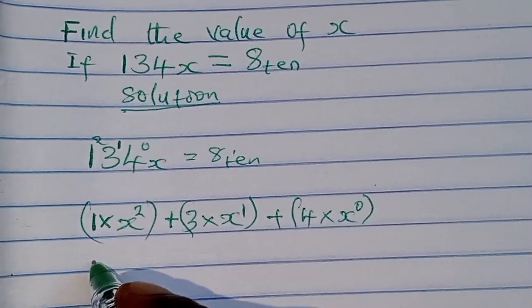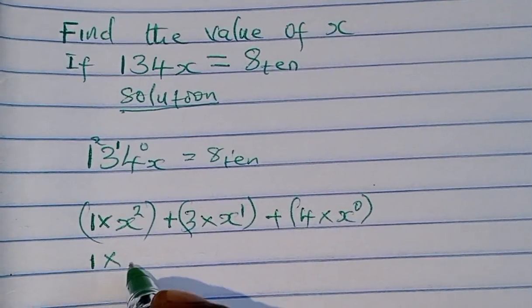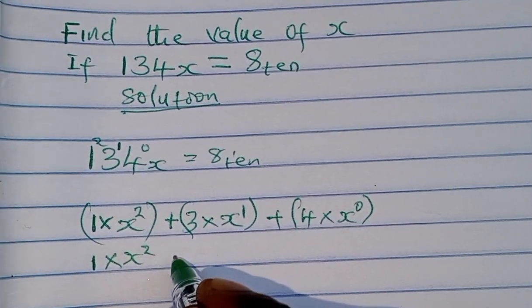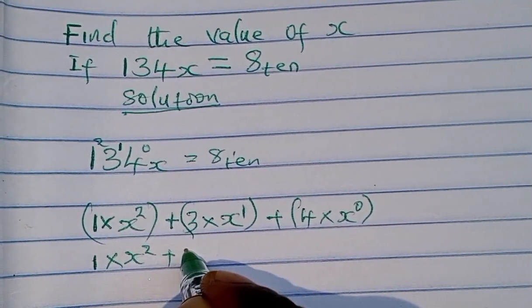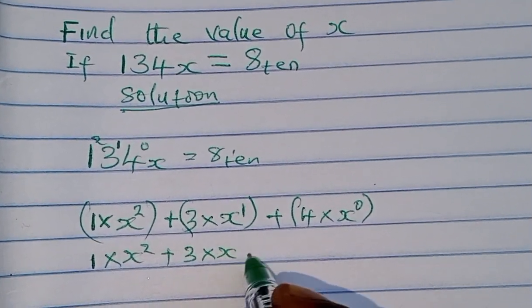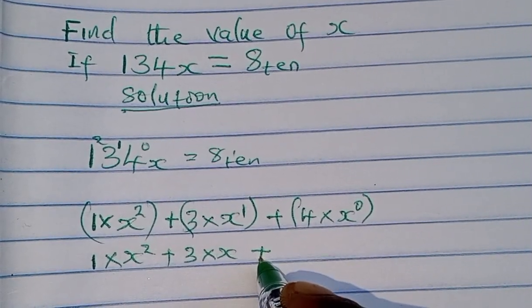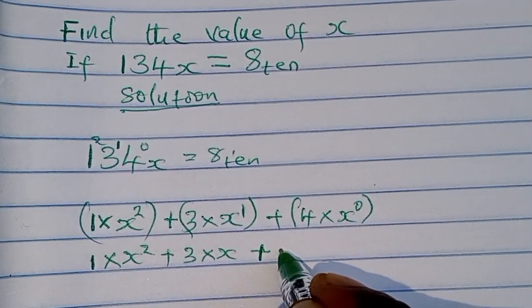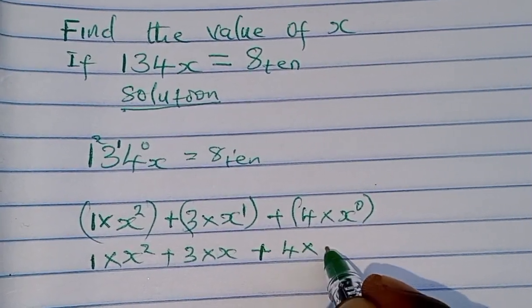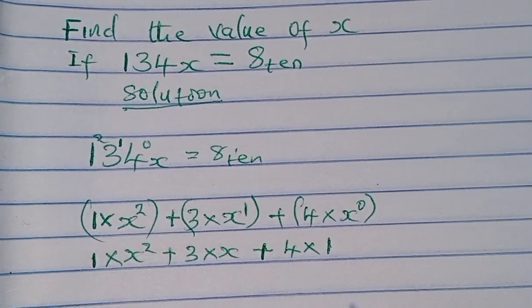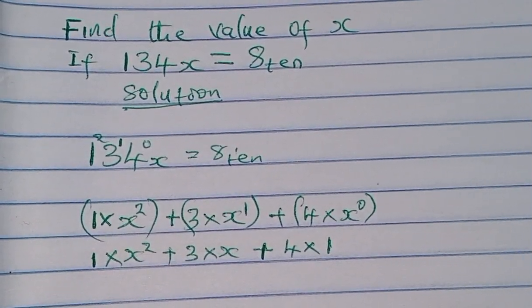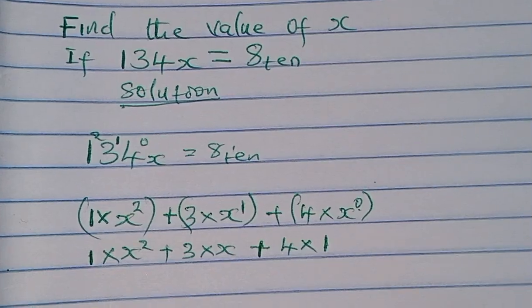So this is going to be 1 times x squared plus 3 times x plus 4 times 1, because anything raised to the power of 0 is equals to 1.